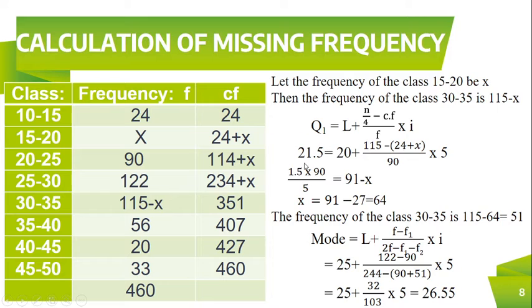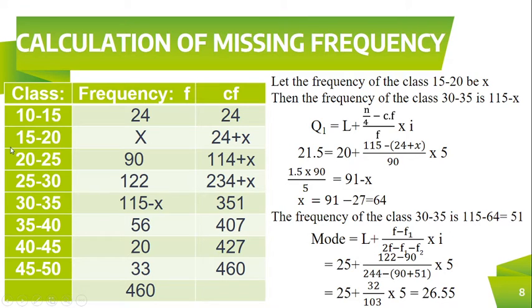So Q1, the value that's given, 21.5, is equal to L. We should first find out N by 4. 460 by 4 is 115. So when you draw the line 115, it is going to be over here, because 114 plus X, whether it is 1 or 2, whatever it is, the line would be here. So 115 is drawn here.